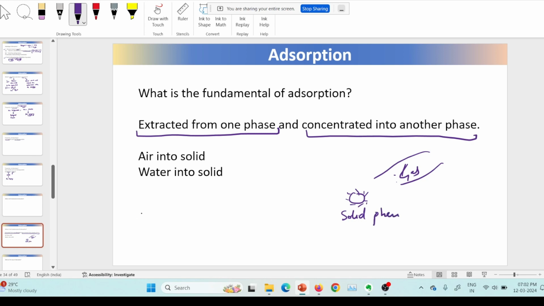And suppose if this is liquid phase, it has some pollutant, so it can be adsorbed over the solid phase. So there are two things that can happen in adsorption.